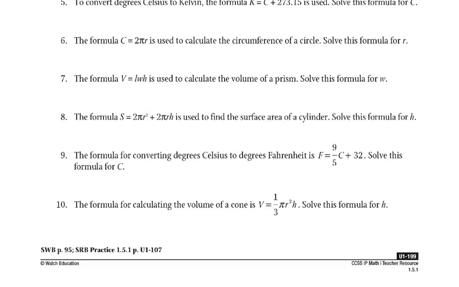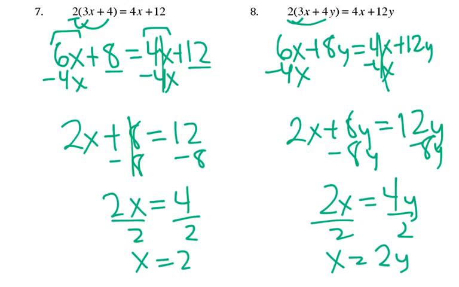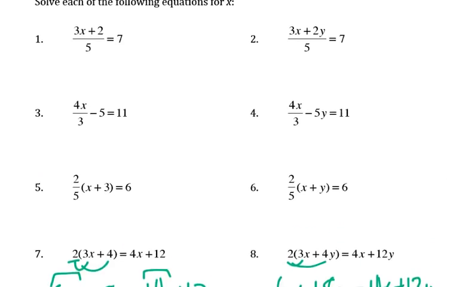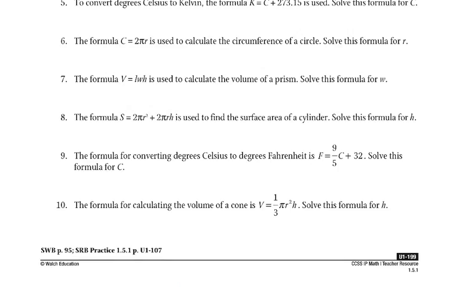Okay, number 9. The formula for converting degrees Celsius to degrees Fahrenheit is F equals 9/5 C plus 32. Solve for C. Looks a lot like these guys we just did, huh? So, first I'd subtract 32 from both sides. So I get F minus 32 equals 9/5 times C. Then, because I'm dividing by 5, I times both sides by 5.